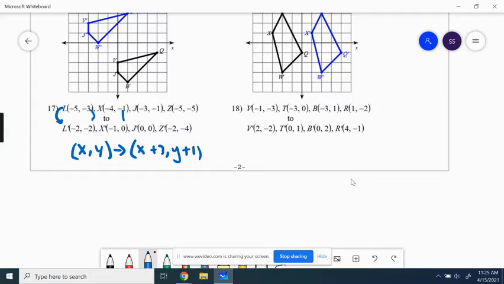So is that the case for X to X prime? 1 to 0, yeah, that's adding 1. For J to J prime, -1 to 0, yep, adding 1. And -5 to -4, that's adding 1. So there we go. We know we did this one correctly. So you guys can do the same thing for number 18.